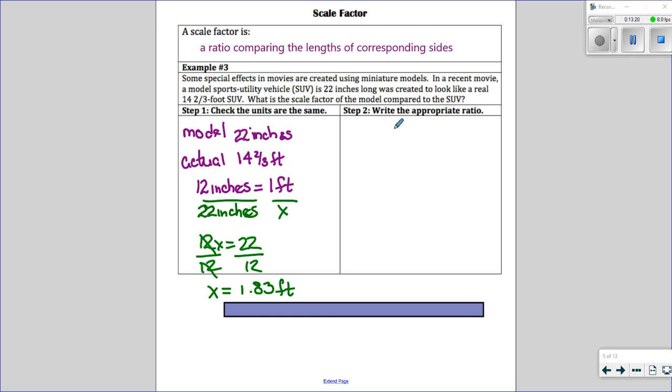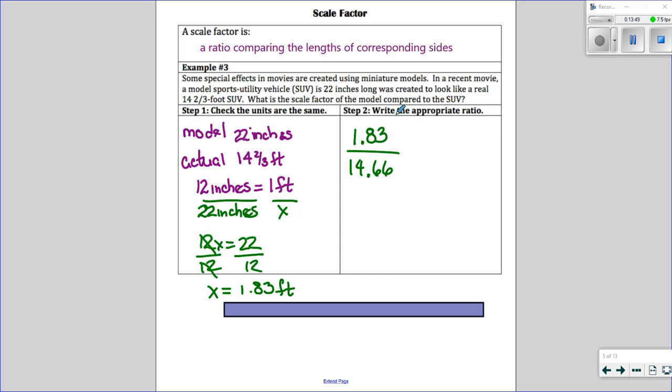So now we need to do a ratio to see what they're asking for. They want to know the scale factor. So if this represents the model, then we have to do the actual. So we're going to do 1 over 1.83 over 14 point, so we got 66.